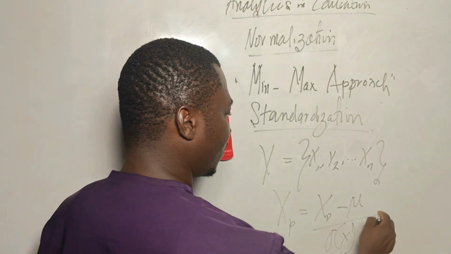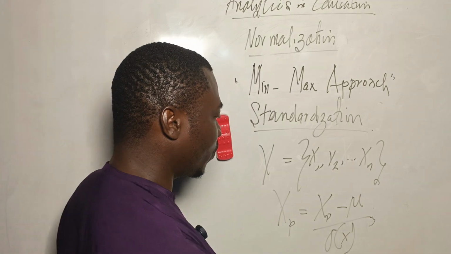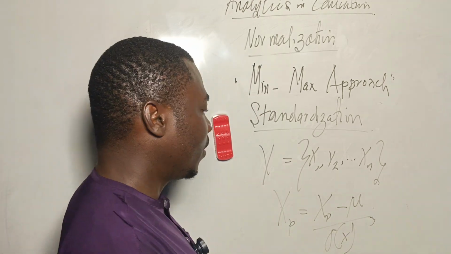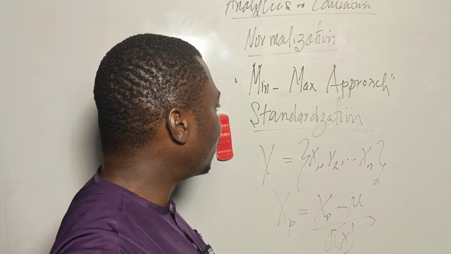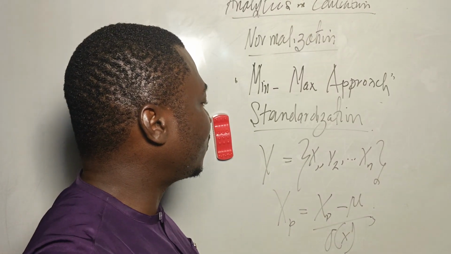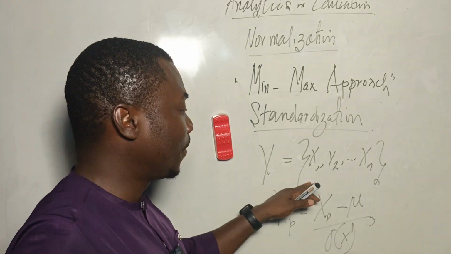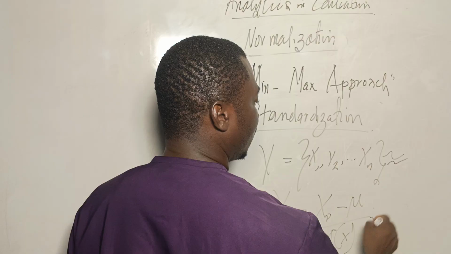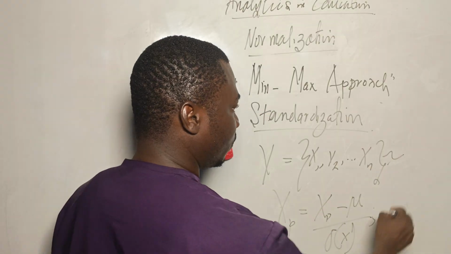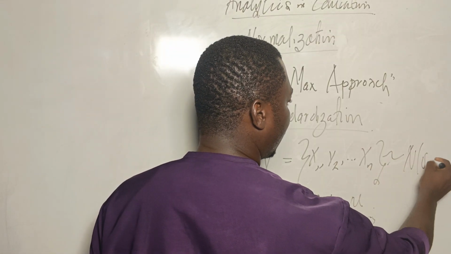In this case, the range is not going to be 0 and 1. It could be a positive value, it could be a negative value, and the assumption for standardization is that this data set follows a normal approximation.